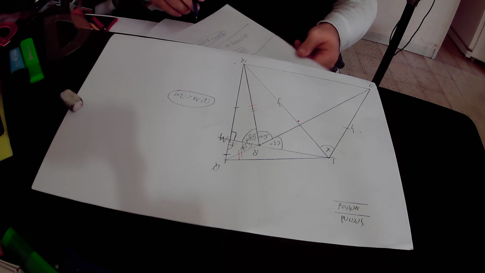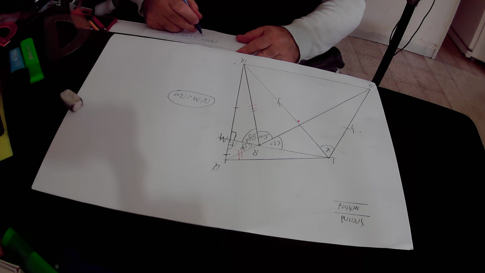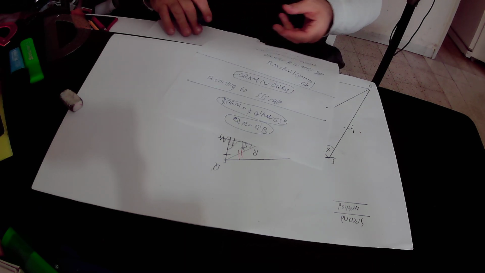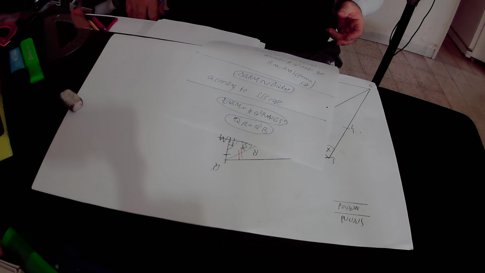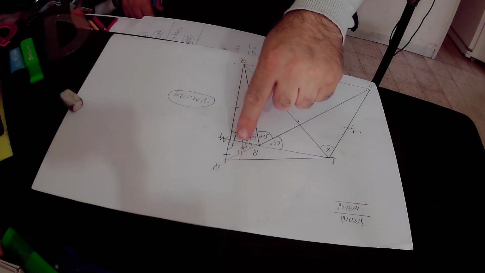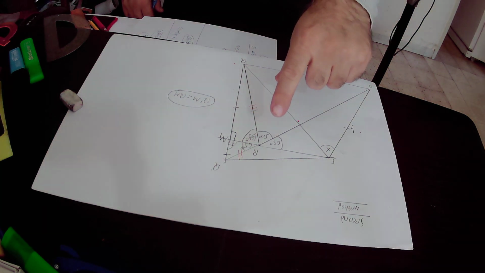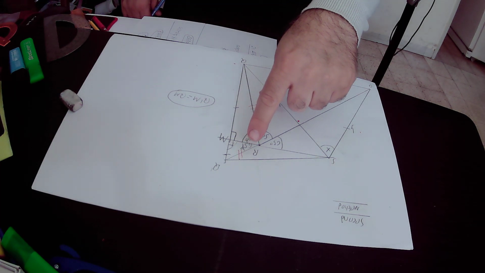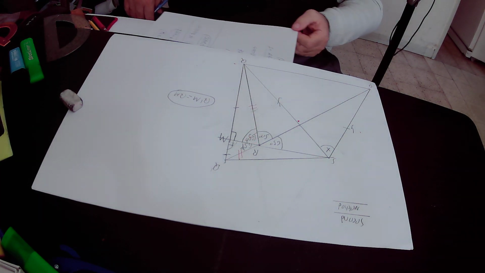QR is equal to Q'R according to the rule that corresponding sides in congruent triangles are equal to each other. That is to say, those two triangles are congruent to each other, therefore those two corresponding sides will also be equal to each other. Okay?